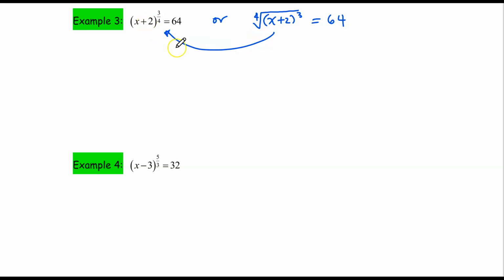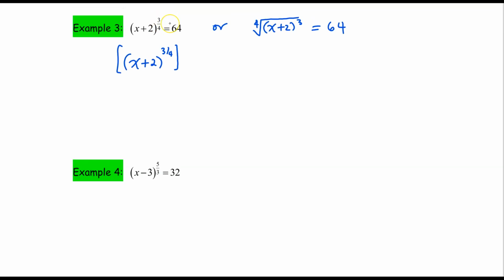Then after that, you follow the steps, which is you raise both sides of the equation by the reciprocal of the power here. So you have (x plus 2) to the 3/4 raised to the reciprocal of 3/4, which is 4/3.